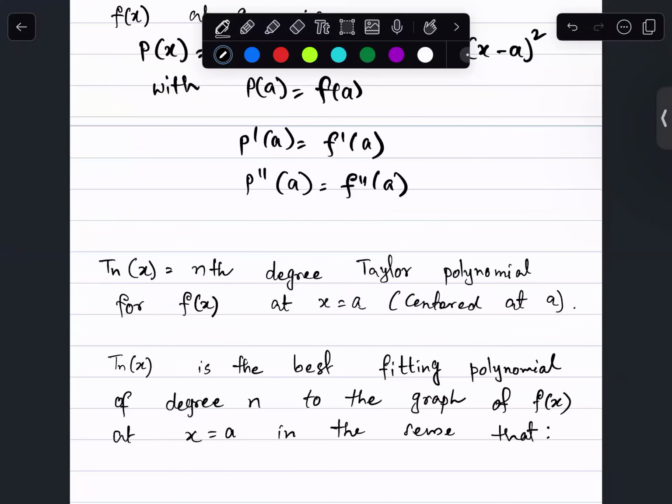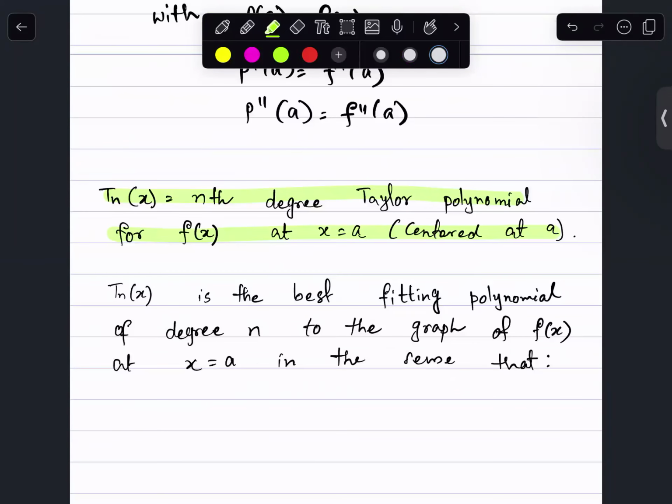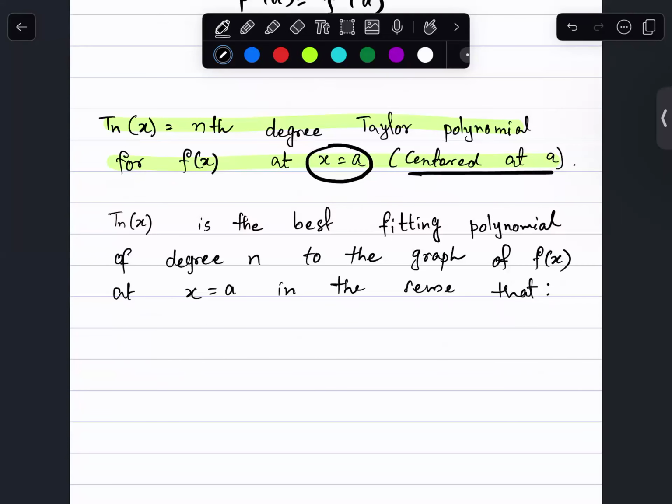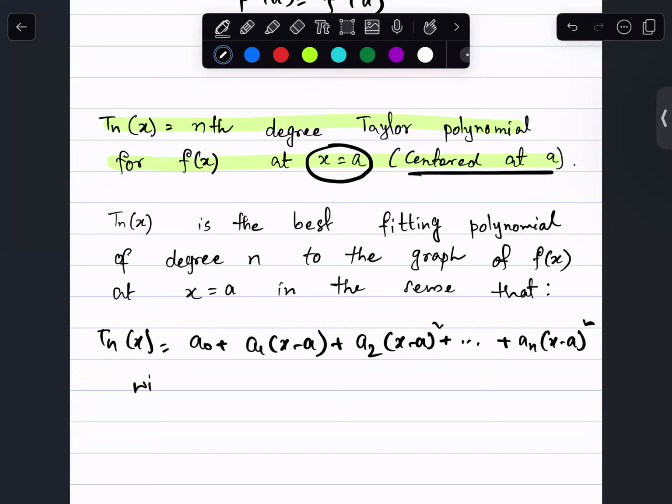And so by the same language, we can say that the nth degree Taylor polynomial for f(x) at x equal to a, where this x equal to a symbolizes that the polynomial is centered at a, then T_n(x) will look like a0 plus a1 times (x minus a) plus a2 times (x minus a) squared, just like the degree 1 and 2 polynomials, up to an times (x minus a) to the n, with the following properties.